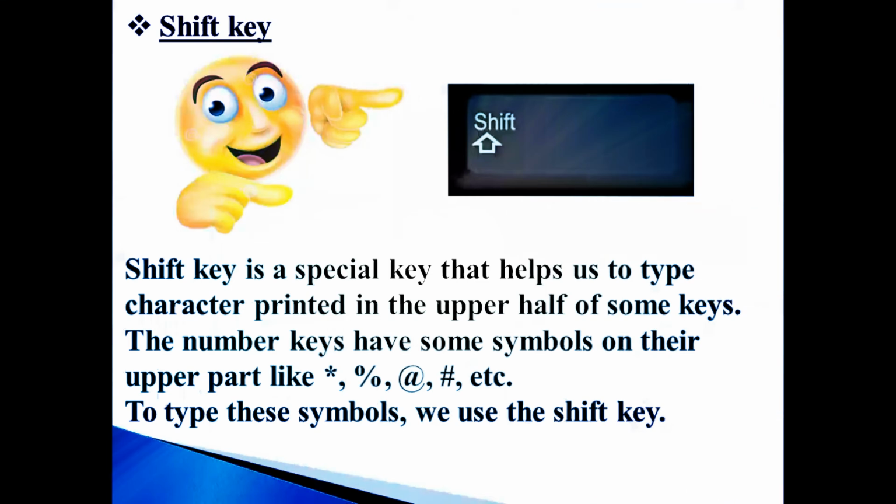Shift key, there are two purposes of the shift key. We have already discussed one purpose: if I want to get the upper symbol on a number key with two symbols, that is 1, and above that we have the exclamation sign, then 2 with its sign at the top, then 3 with the hash sign at the top. Fine.